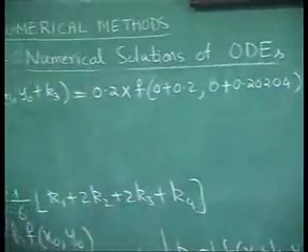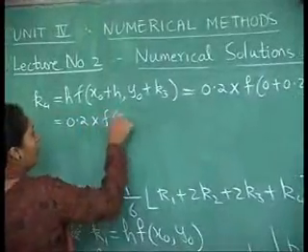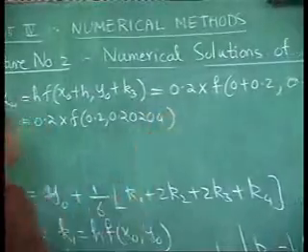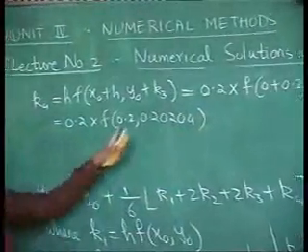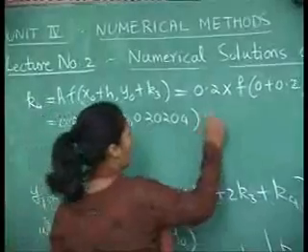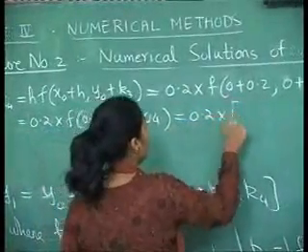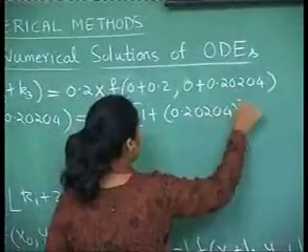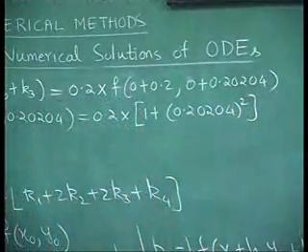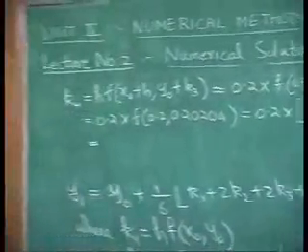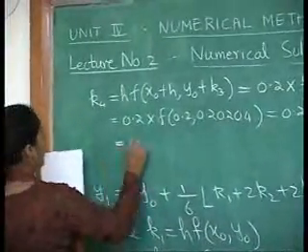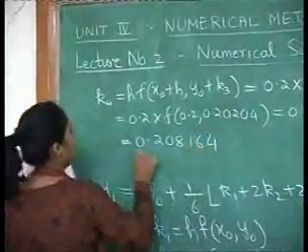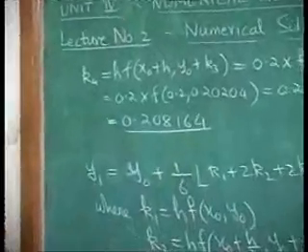So that is 0.2 into f of 0.2 comma 0.20204, and f of x, y is 1 plus y square. So this will be 1 plus 0.20204 square. So if you check the calculations, you will get K4 to be the following. And now we have all the values that we require.